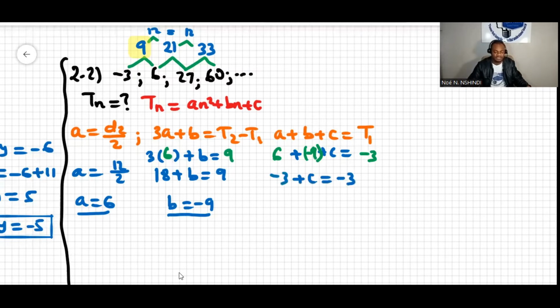That means that c will be equal to 0. Therefore, Cn will be equal to 6n squared minus 9n.